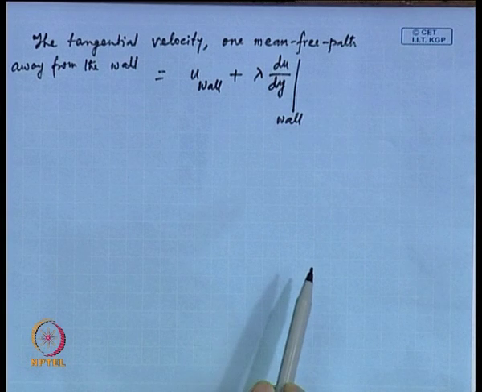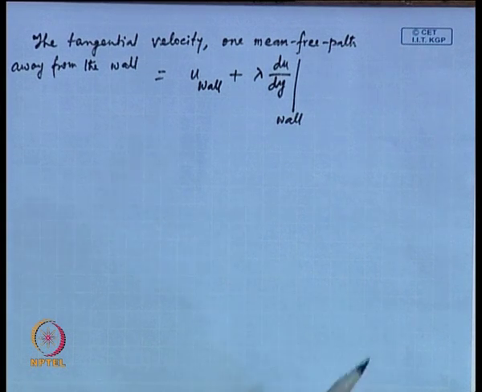You are assuming that the velocity attained by the fluid next to the wall, in case of a no slip boundary condition, we assume is equal to u wall. Now, we are saying that it is not exactly u wall, but a little different from u wall. And what is the little difference?